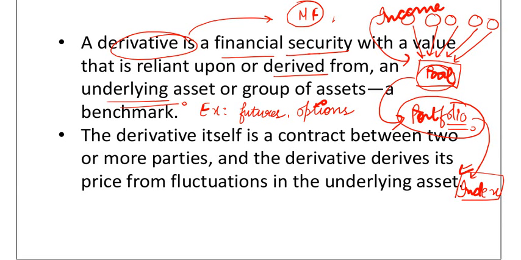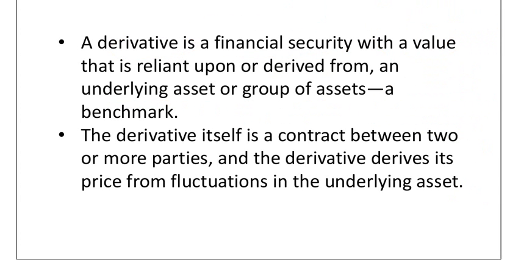This pool is issued some security, or in the case of a mutual fund, units. So we can say that these units or securities are deriving their value from the underlying asset, and that asset is the portfolio, which is deriving its value from the index. Alright, so this is the main crux of what derivatives are.